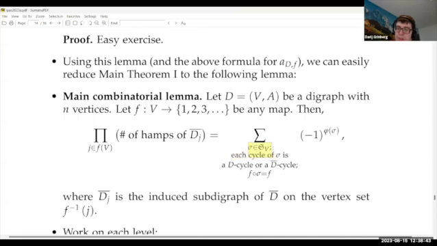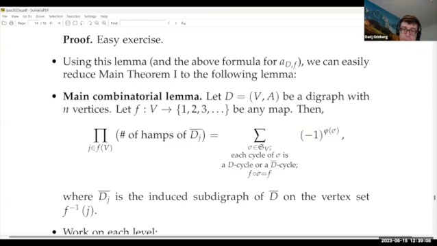This is the sum over all sigmas where each cycle is either a D cycle or D bar cycle that are preserved on all sigmas that preserve the levels. In other words, it's not a permutation of V so much as a permutation of each level set separately. And then you take this -1 to the 5 sigma that we've already seen.